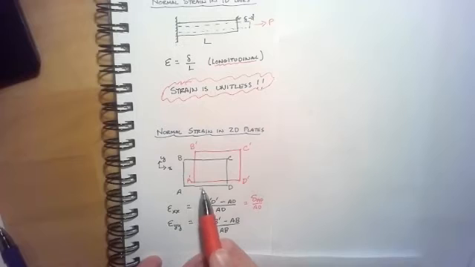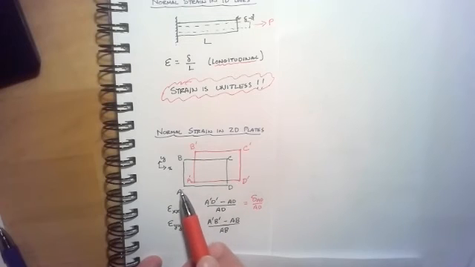If we have a direction that we're interested in calculating normal strain in, we just take a look at the length of a little line of material in the original configuration and the deformed configuration.